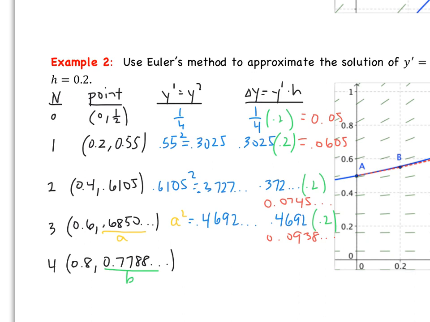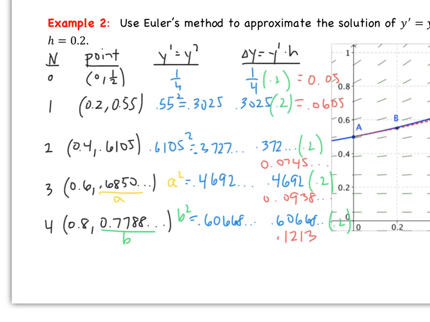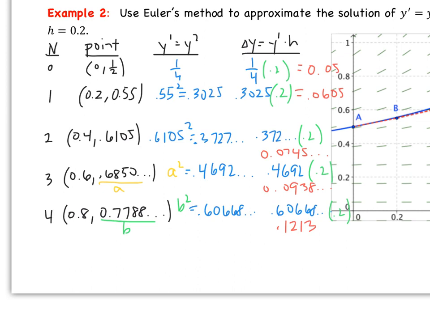Okay, so to get y prime, we're taking b squared, and when we square that, we get 0.60668, on and on. So 0.60668 times 0.2 is going to get us about 0.1213. And now our final step. So step number 5, that gets us to an x value of 1.